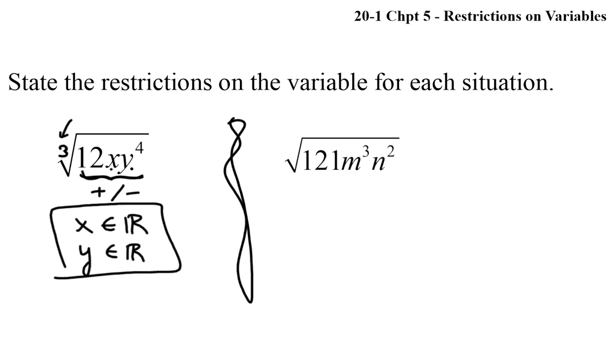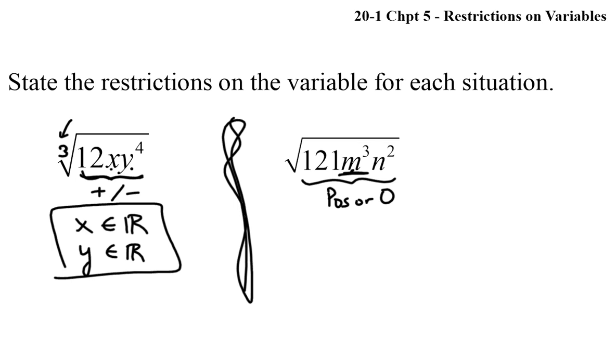And the last one with the square root, 121 m cubed n squared. Because it's a square root, this must be positive or 0. So if it's positive or 0, how do I create a positive or 0 value? Well, this one is a little tricky. Let's deal with the m cubed first. What m value?